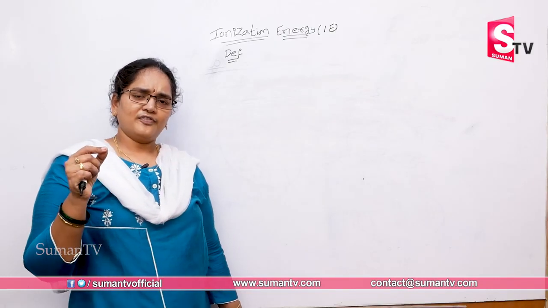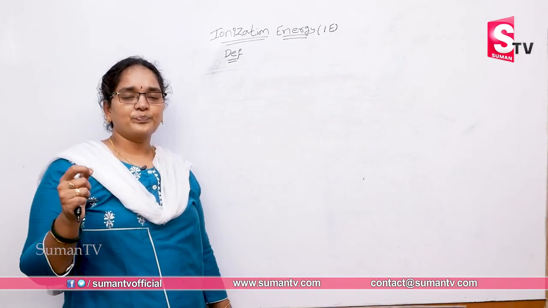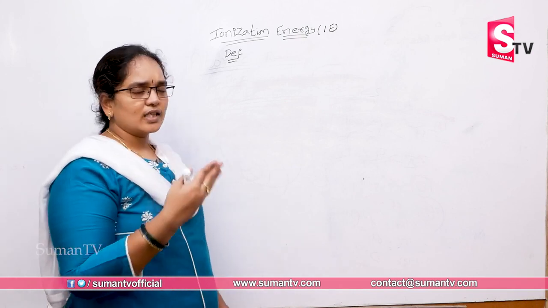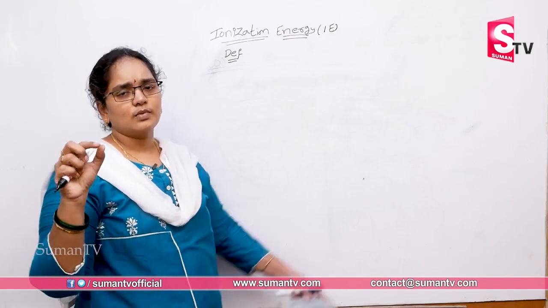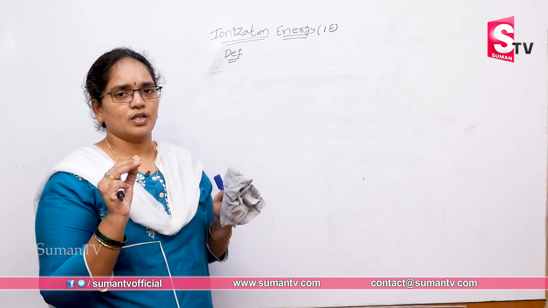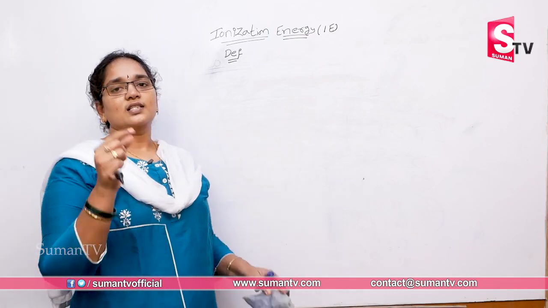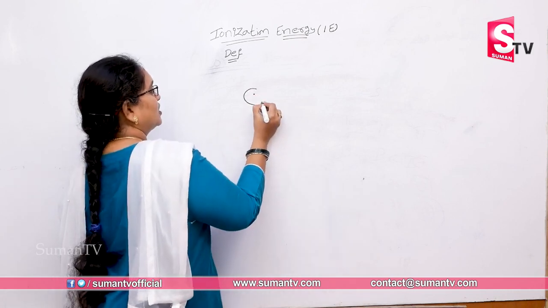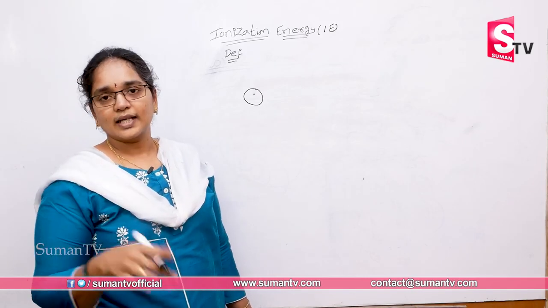Here different terms are there: isolated, gaseous, neutral atom. Isolated means, whether it's a solid or liquid or gas, between one atom and another atom there will be a force of attraction. So we need to break all the forces of attraction and get the single atom. Mostly individual atoms are available in the gaseous phase.